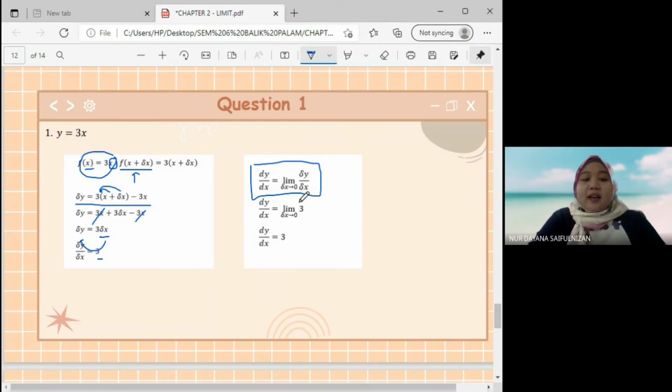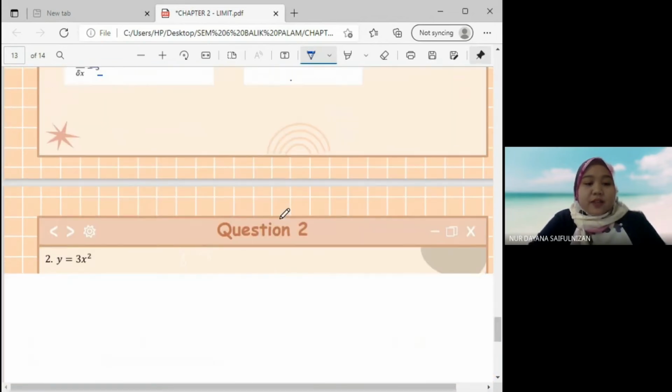Since the function here is only 3, we don't need to substitute any value to the function, and we get dy over dx equal to 3.